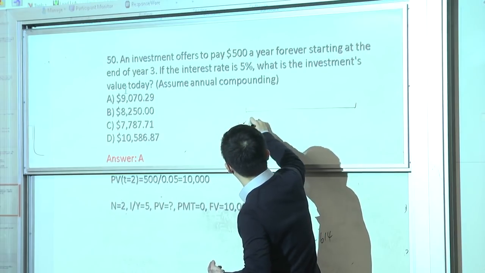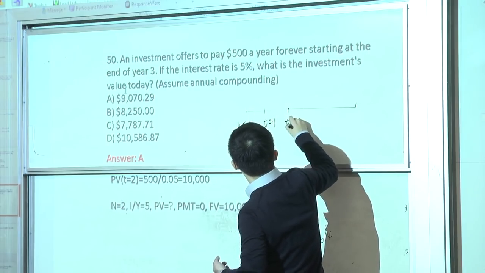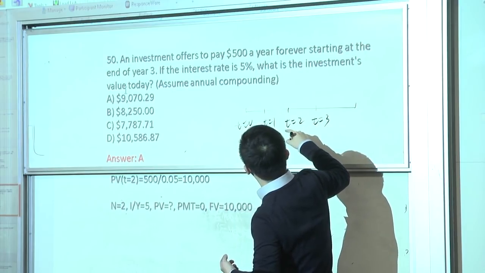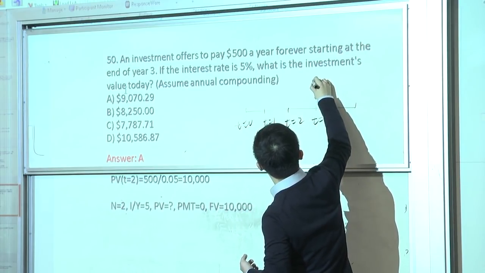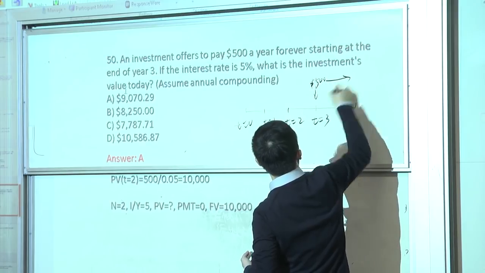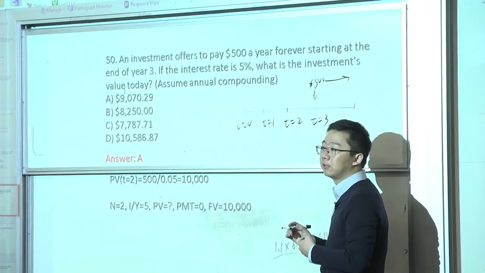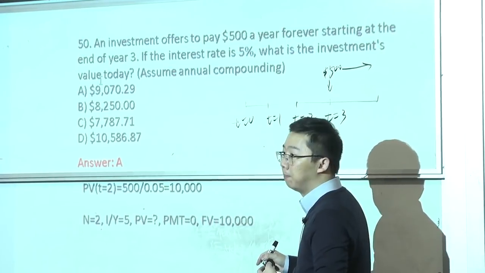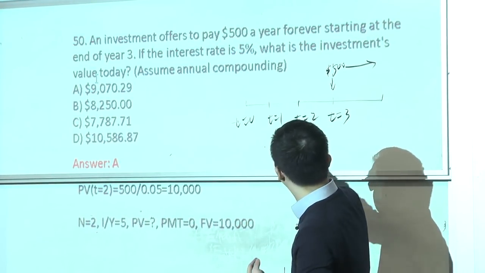So, timeline again. Starting at the end of year 3, so start from here, right? $500 and go on forever. And you're calculating the present value of that perpetuity as of now. But let's first calculate the present value as of here, right?